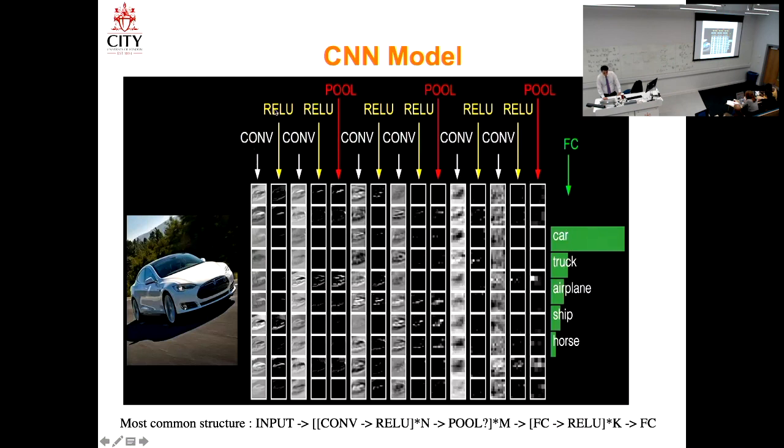So in this case, conv, relu, pool, conv, relu, pool, conv, relu, pool, then fully connected. So it tells you this is a car based on the features that are extracted in these layers. And this is just an example of what those features might look like. So these are the responses to those kernels, right?